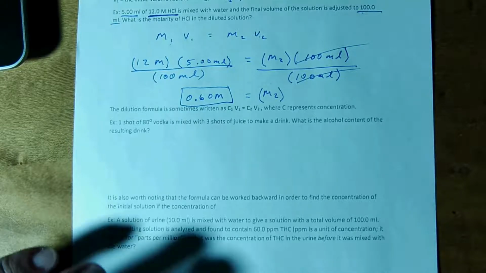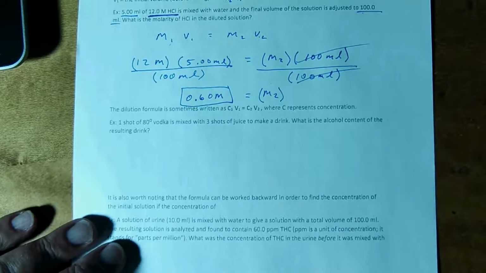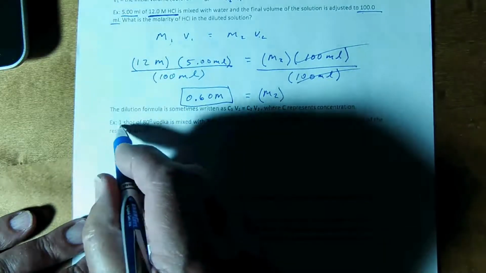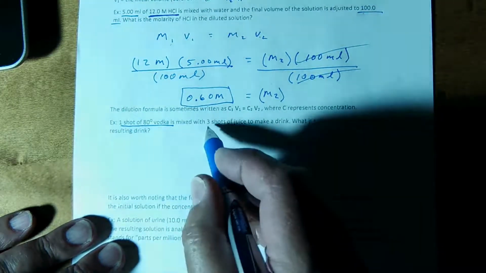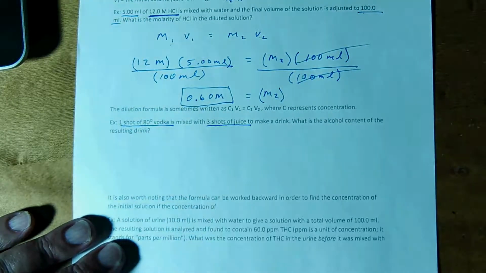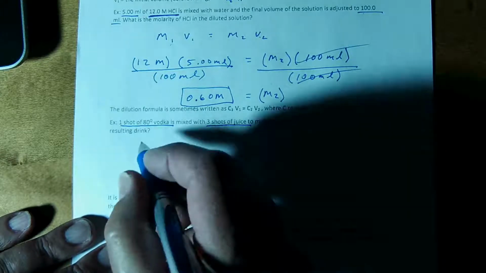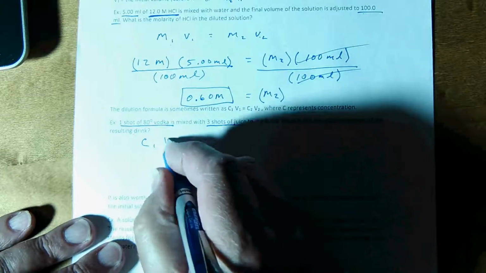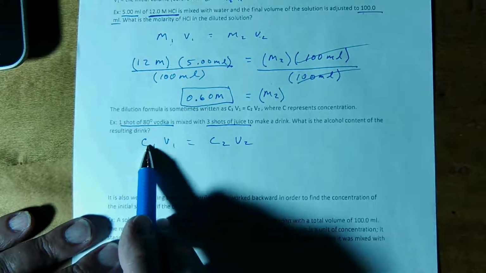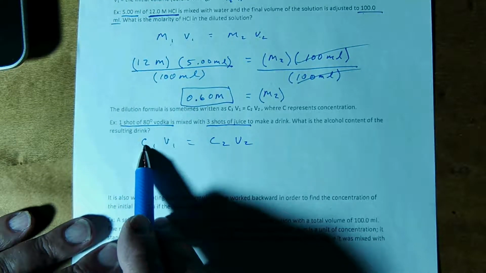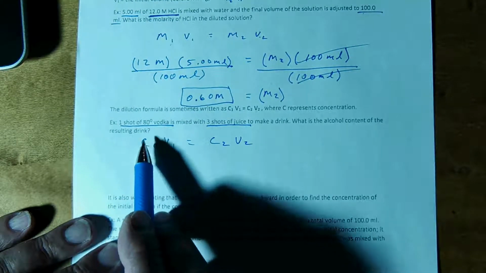Check this out. Let's say you're mixing up drinks. You're a bartender. And you take 1 shot of 80 proof vodka. You mix it with 3 shots of some kind of juice to make a drink. What's the alcoholic proof of the resulting drink? C1V1 equals C2V2. All we're doing here is concentration now. Instead of using molarity, we're using proof.